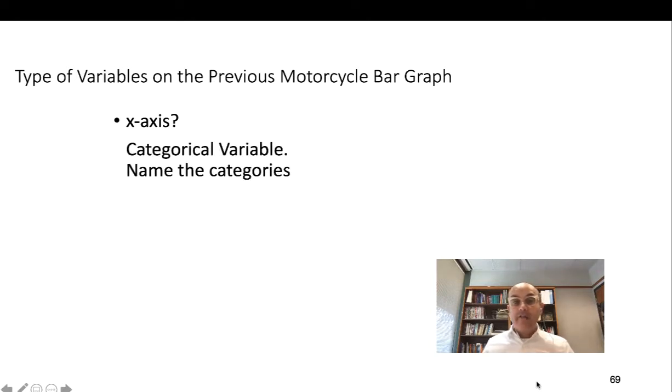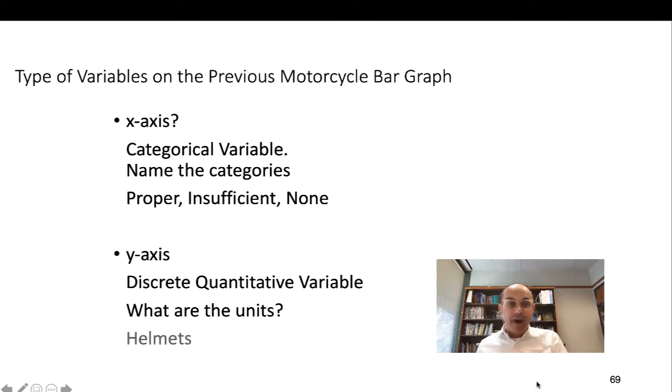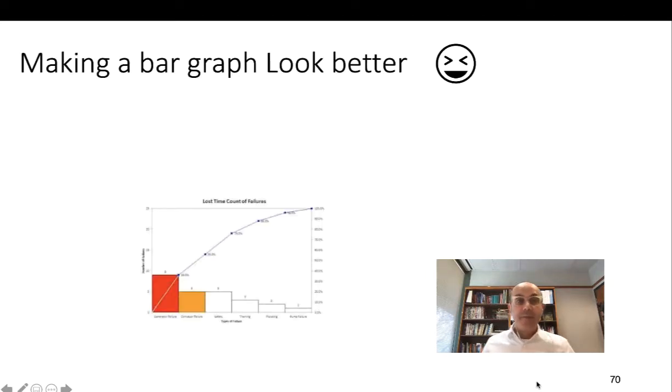It's a categorical variable, the name of the category, and the y-axis is a discrete quantitative variable. What are the units in it? So again, see how we sort the data in order for us to deliver it in a bar graph and what it entails.